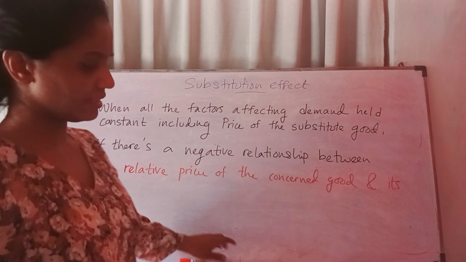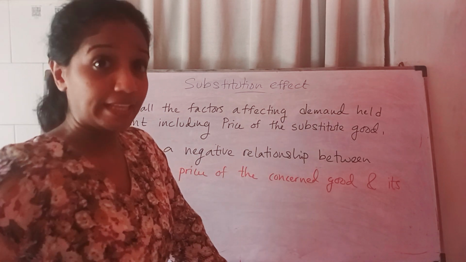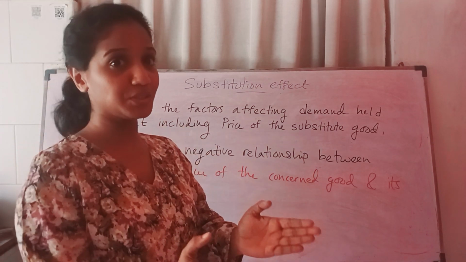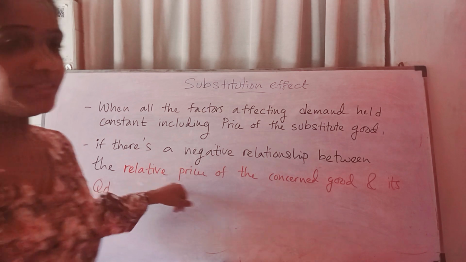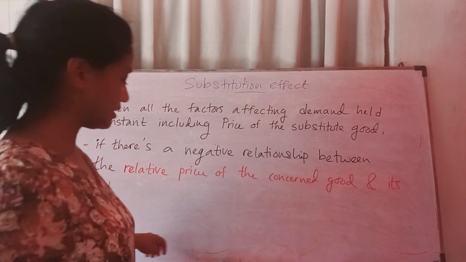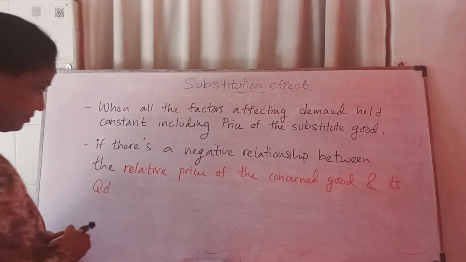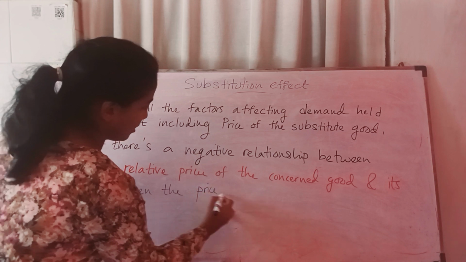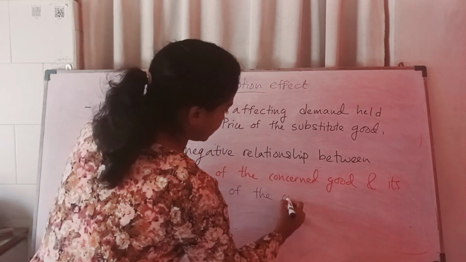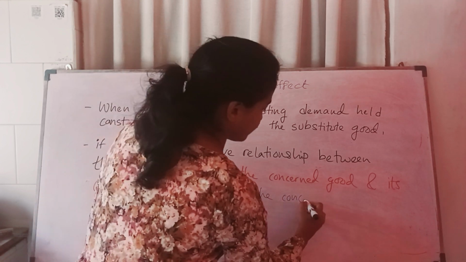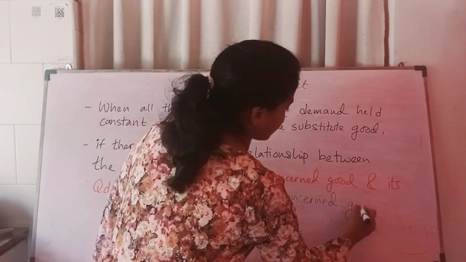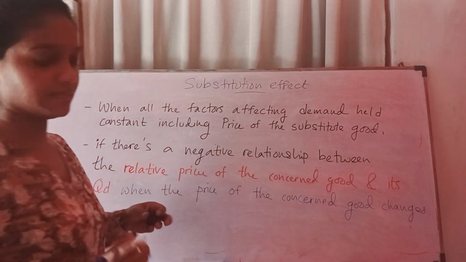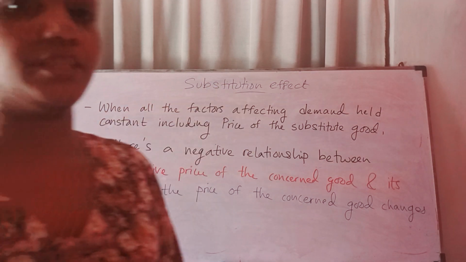When all other factors affecting demand are held constant, including the price of the substitute good, when there is a negative relationship between the relative price of the concerned good and the quantity demanded of that good, when the price of the concerned good changes. This is what we call the substitution effect.